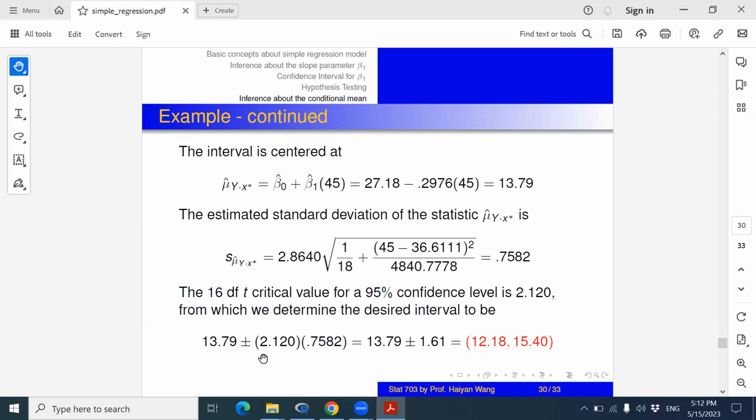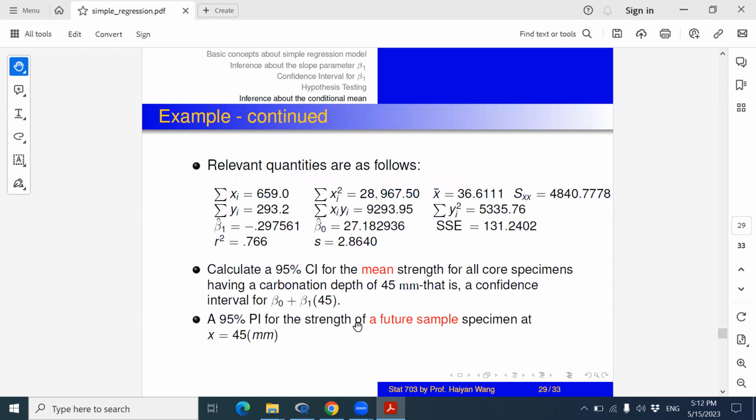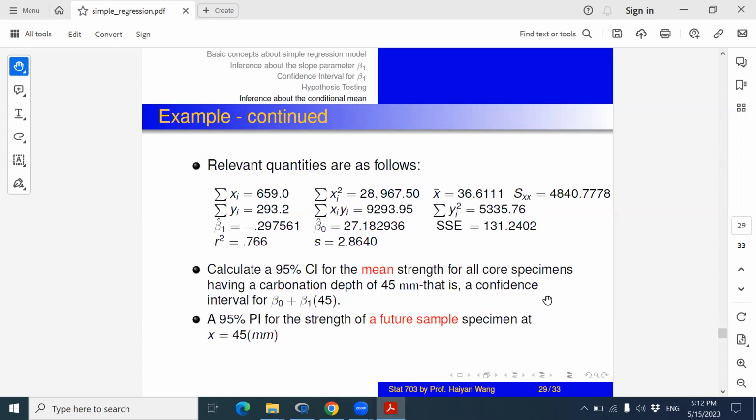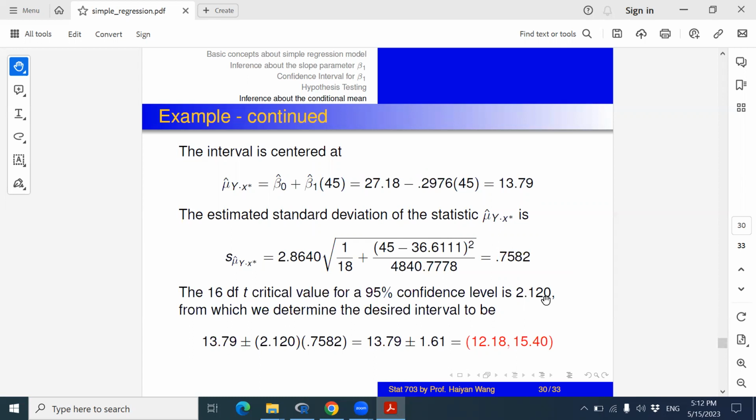And then afterward, the confidence interval is simply the point estimate plus minus the t critical value. In this case, for this example, we have a total of 18 observations, and the degrees of freedom would be 18 minus 2, so it's 16 degrees of freedom.